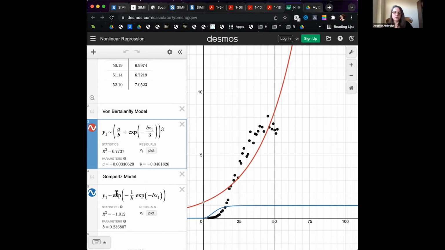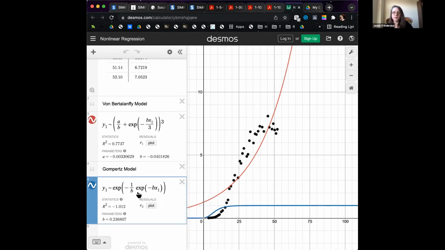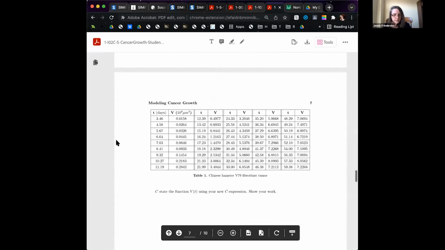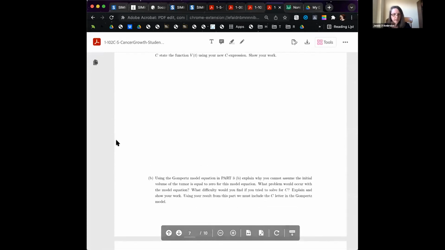And then, of course, you would do that for each one of them, and then make a decision about which model matches the data better. Okay, so maybe that's sort of the end of it.